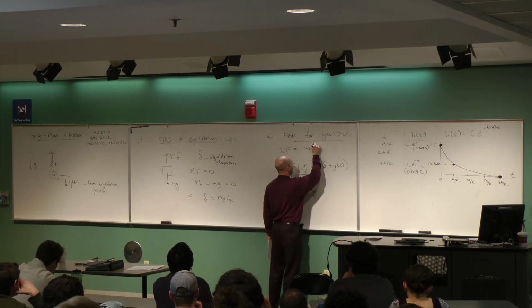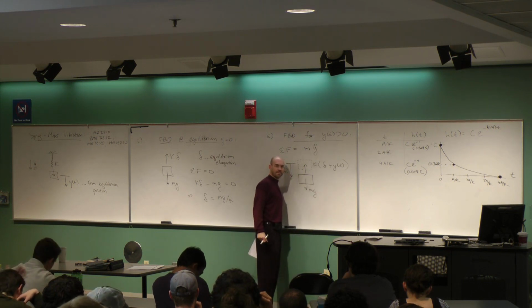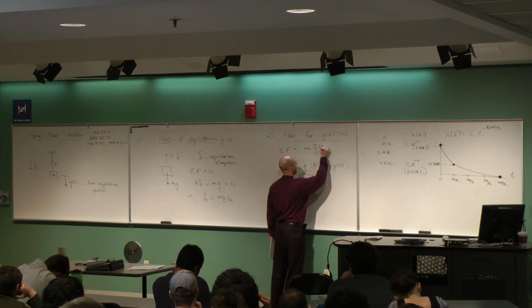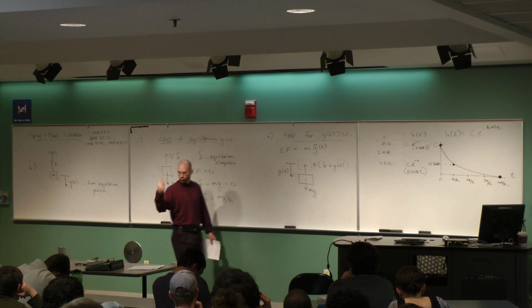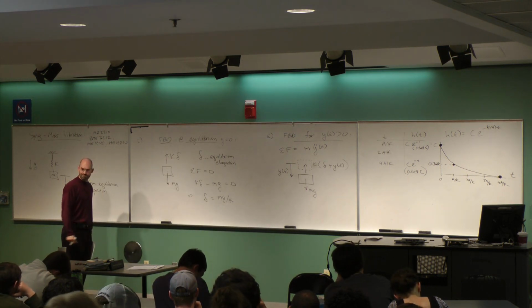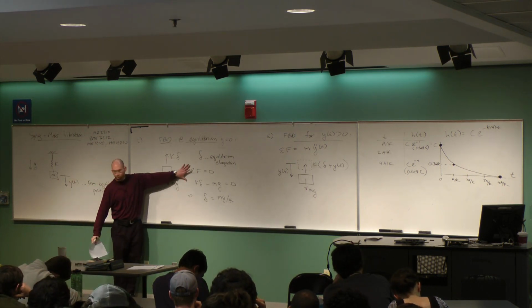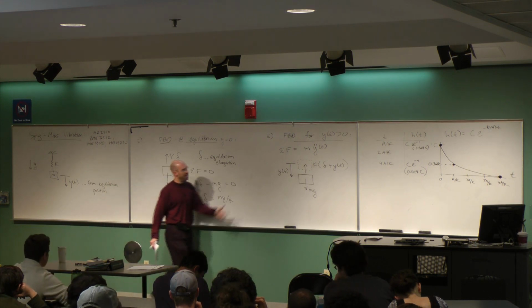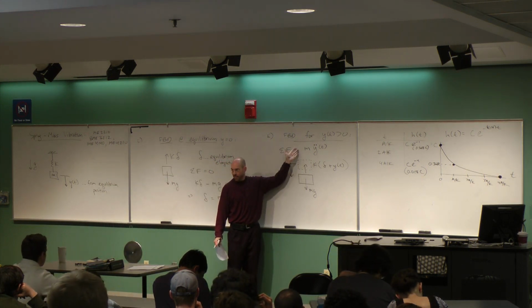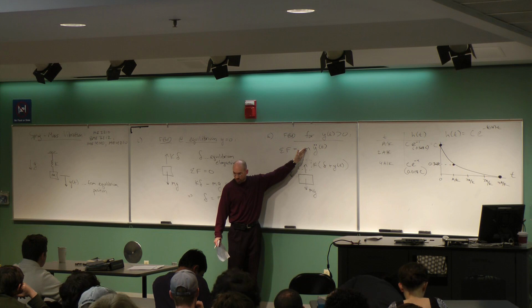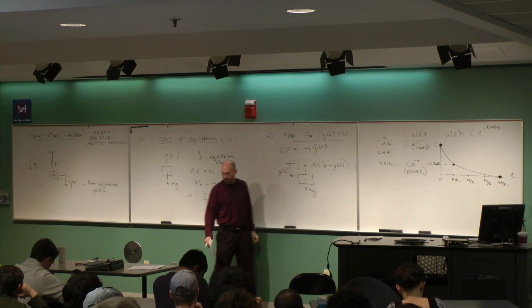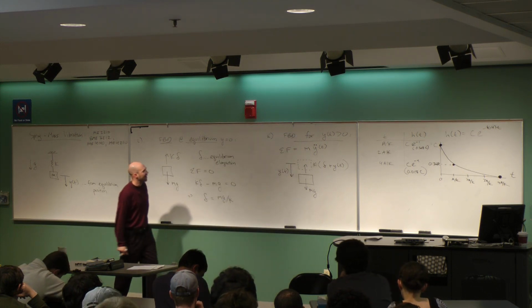I'm going to call that y double dot of t. Again, the double dot means two derivatives of y with respect to time. So that's the difference. This one, the sum of the forces is 0. This one, the sum of the forces is m y double dot. So clearly, I'm going to have derivatives in the equation here.